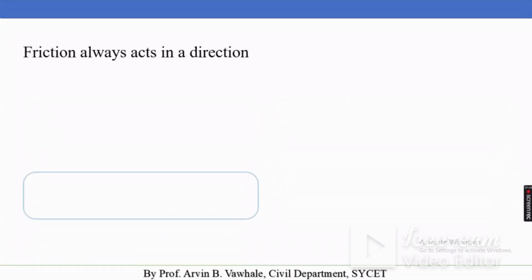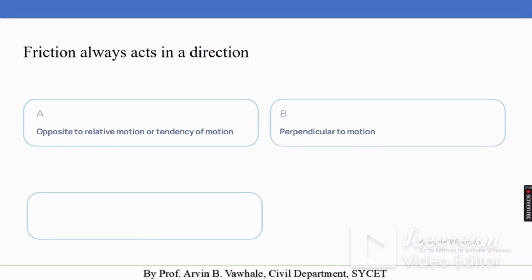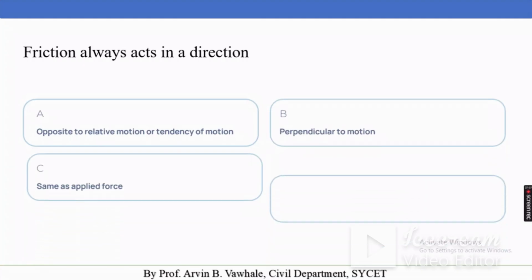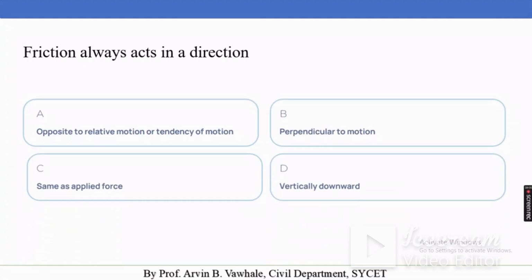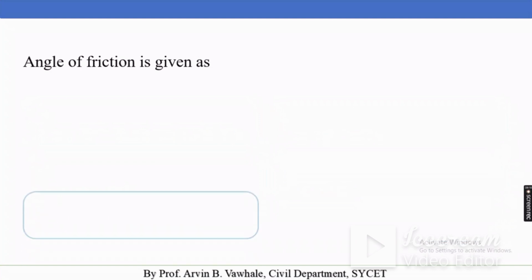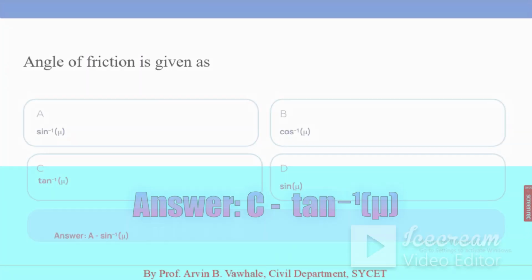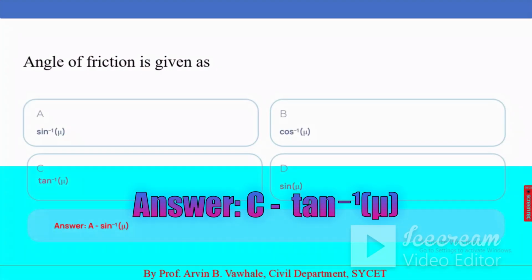Friction always acts in a direction A, opposite to relative motion or tendency of motion, B, perpendicular to motion, C, same as applied force, D, vertically downward. The answer is option A, opposite to relative motion or tendency of motion.